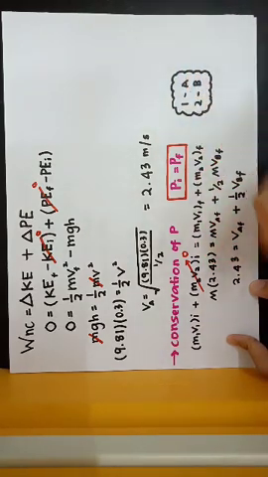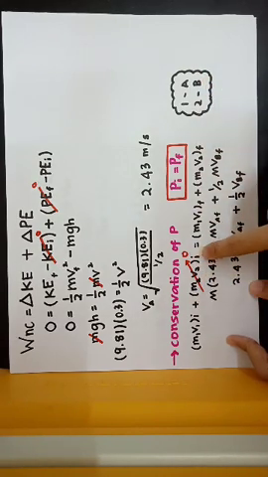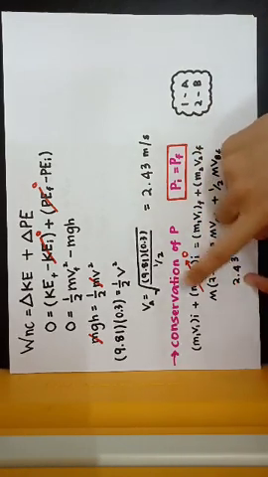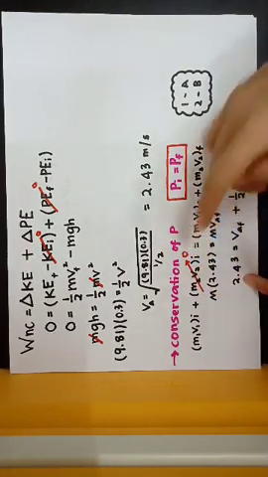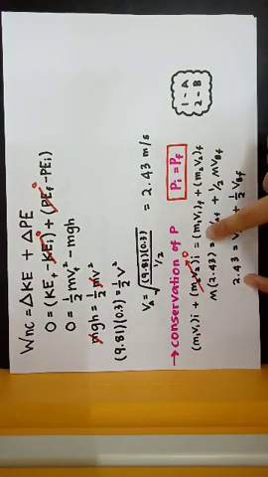Block B at first has no movement, so its velocity is 0, and 0 times m is 0. So we are left with m1 v1 initial on the left side.